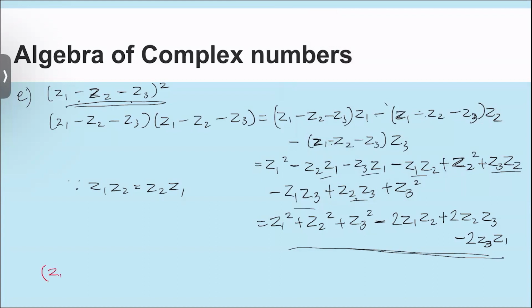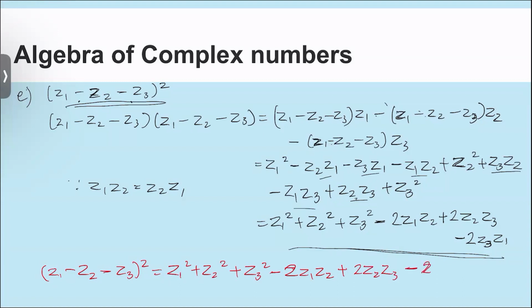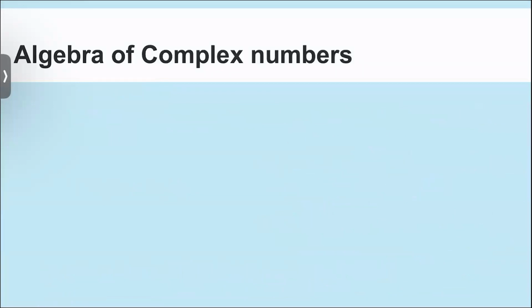You have Z1 minus Z2 minus Z3 squared is going to be equal to Z1 squared plus Z2 squared plus Z3 squared minus 2 Z1 Z2 plus 2 Z2 Z3 and minus 2 Z3 Z1. Okay, so this is your final identity, and we have shown how we get this final identity.